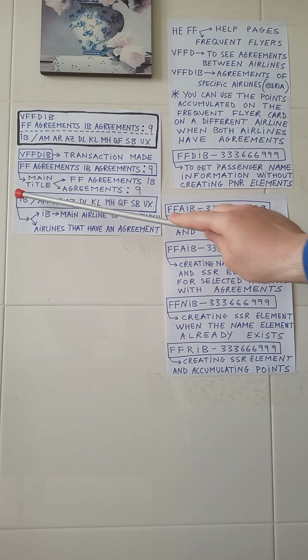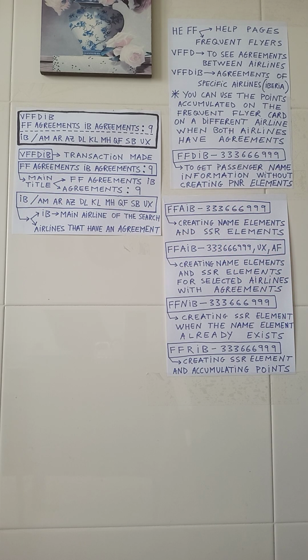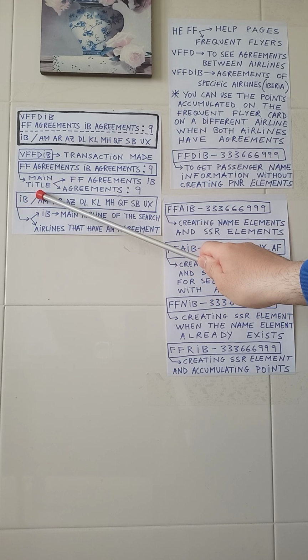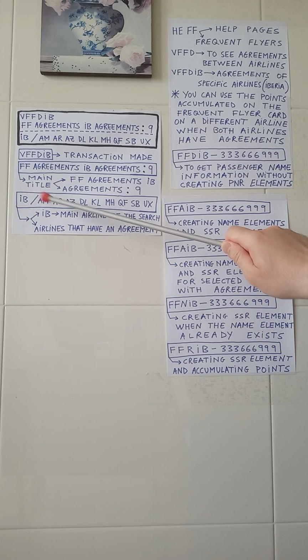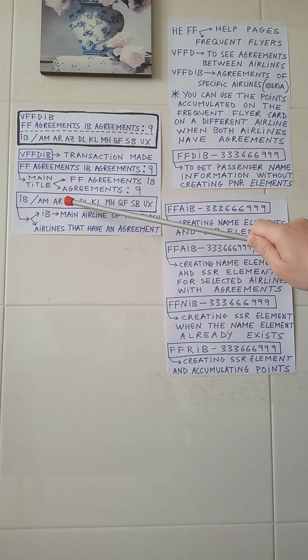In the last square, I explained the final part of the large square. IB slash AM space AR space AZ space DL space KL space NH space QF space SV space UX.